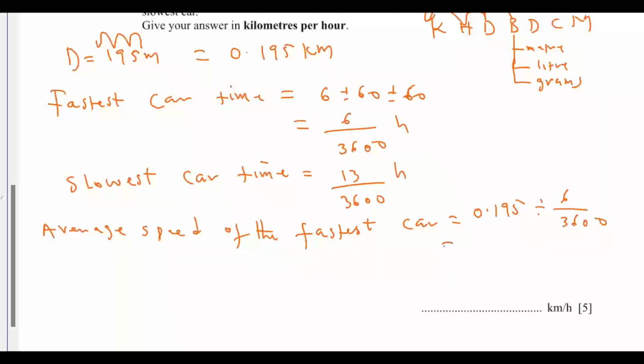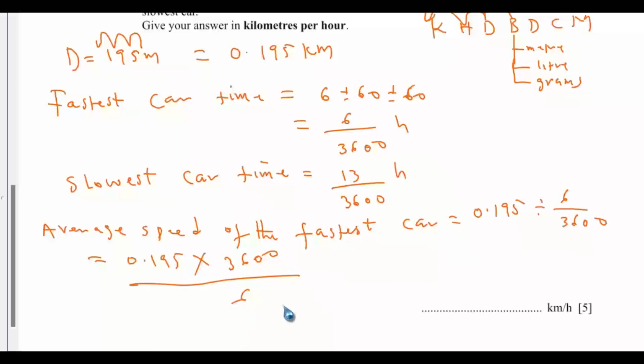Which is the same as 0.195 multiplied by 3600, then divided by 6, because when you change this sign to multiplication, you have to flip the fraction.